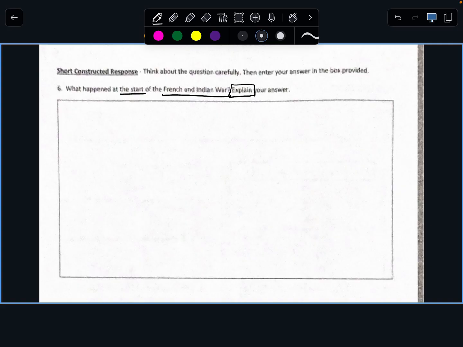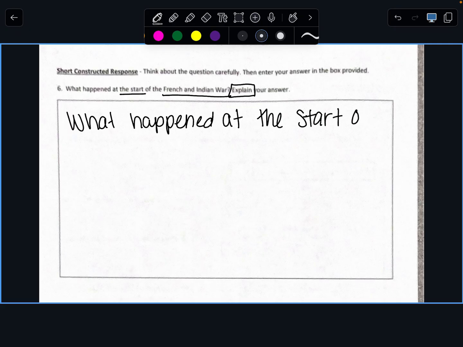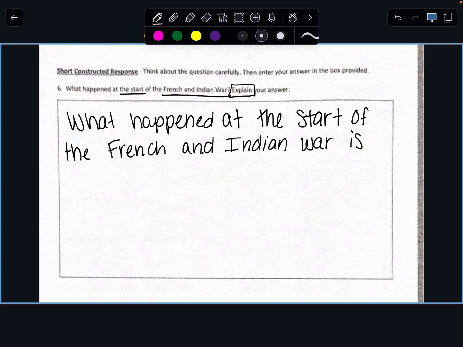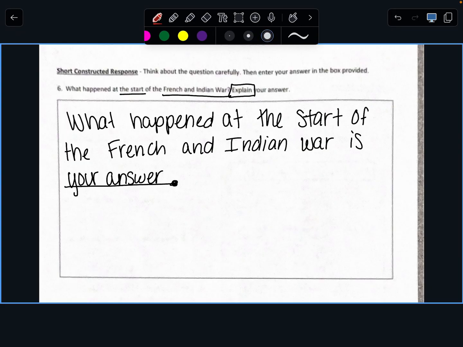What happened at the start of the French and Indian War is, and then write your answer. Okay? This is our C in CER. Don't write this part down. But this is our C. We then have to explain.